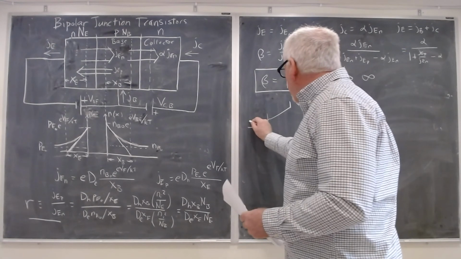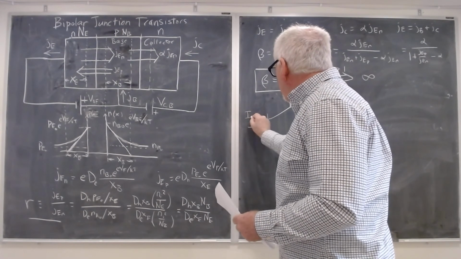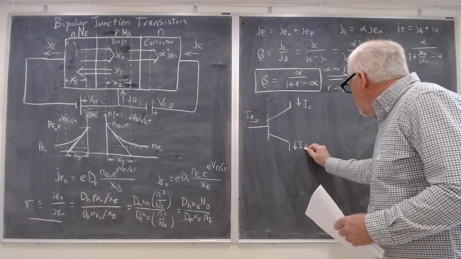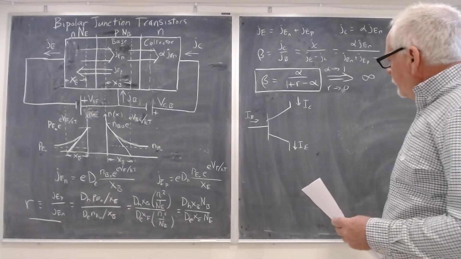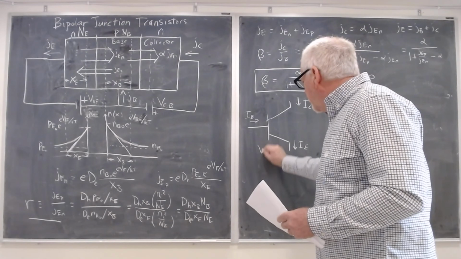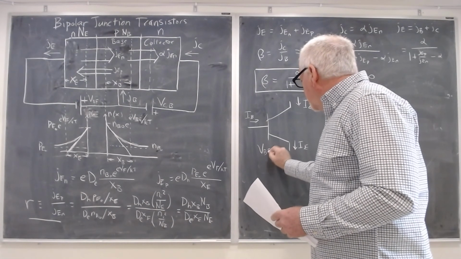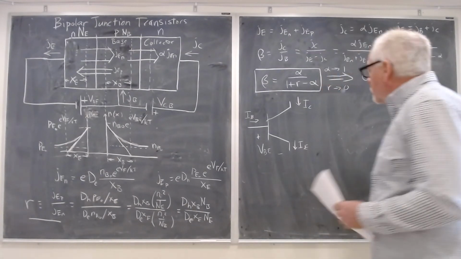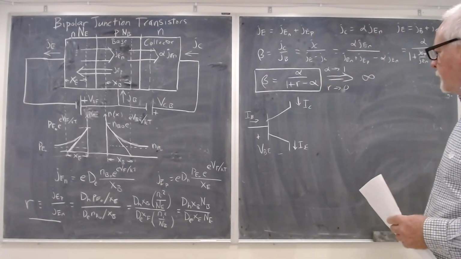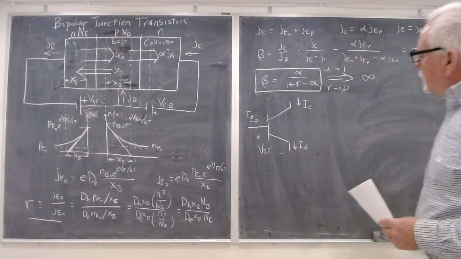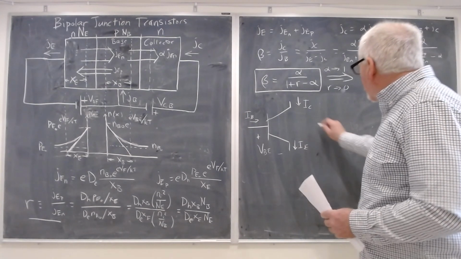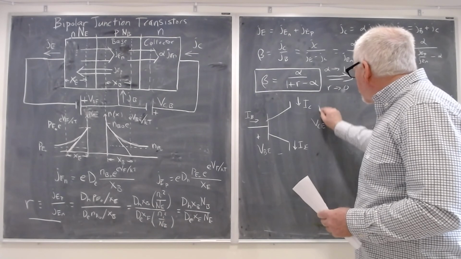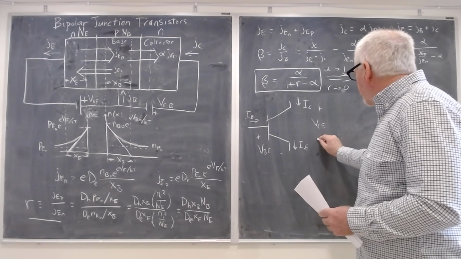And this is IB. All right. And this is VBE. And that's forward biased. And I'm just going to make up a new voltage here, the voltage between the collector and the emitter.